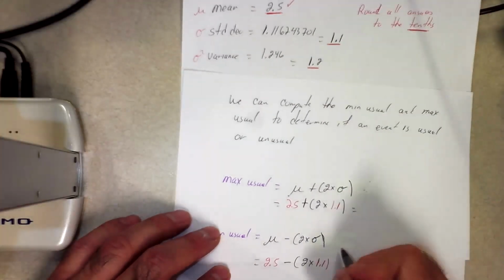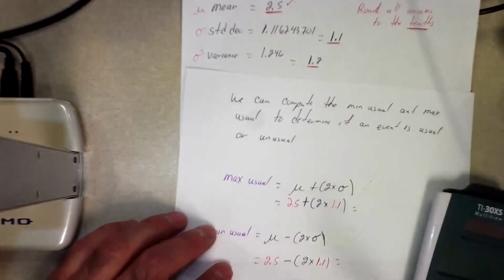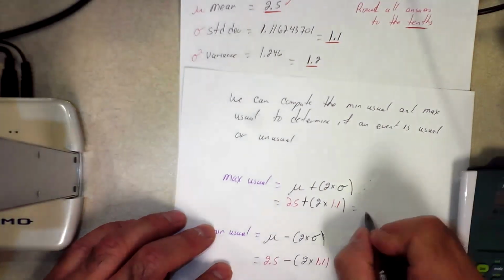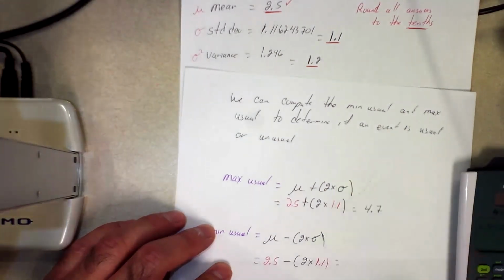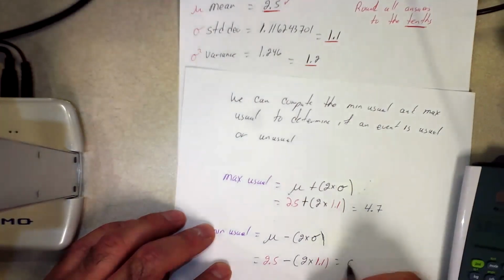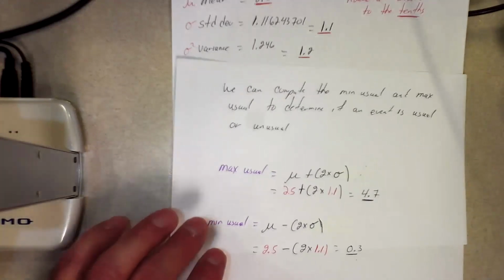And so we get, plugging it into my calculator, 2.5 plus 2 times 1.1, 4.7. And the other one's going to be 0.3. There's my max, there's my minimum, right?